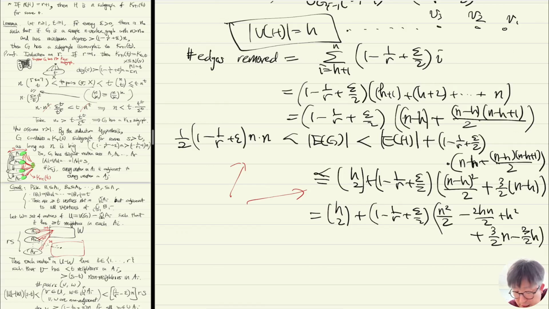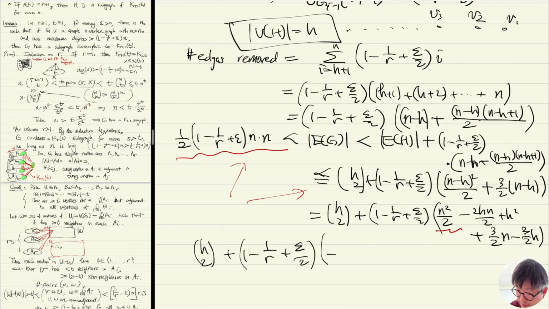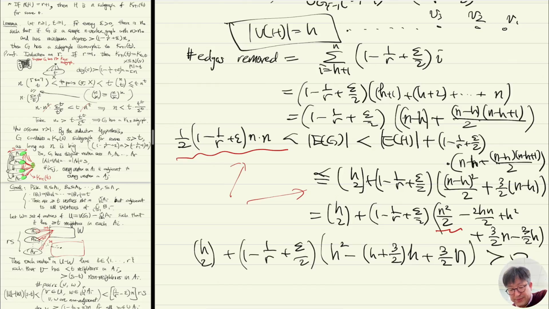Now I can cancel these two terms. So that means h choose 2 plus the rest, h squared minus h, plus 3 over 2 h plus 3 over 2 n. This is bigger than 0.